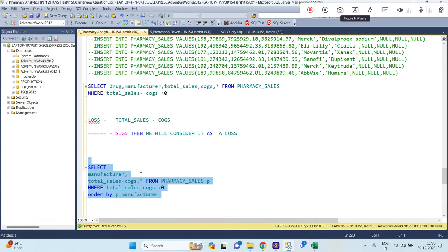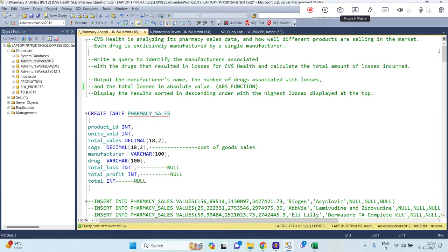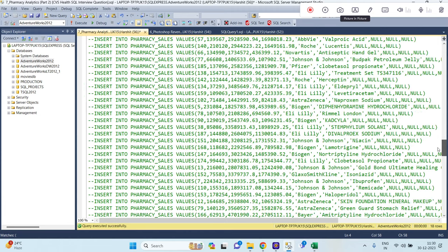Now, what is our requirement? Output the manufacturer's name, the number of drugs associated with the losses.